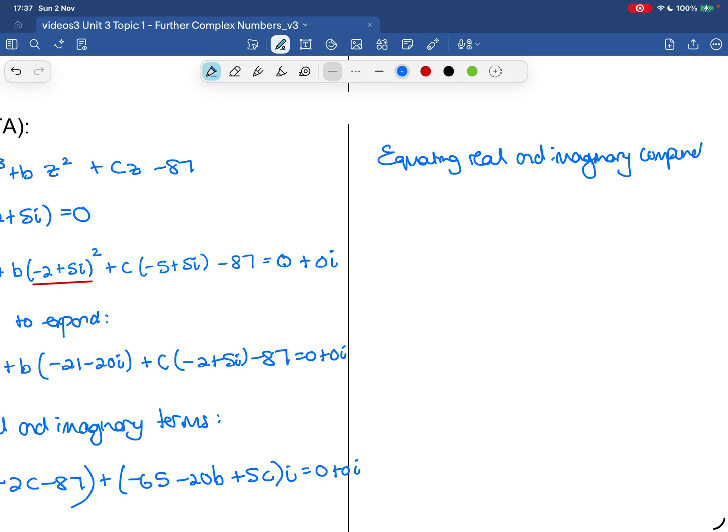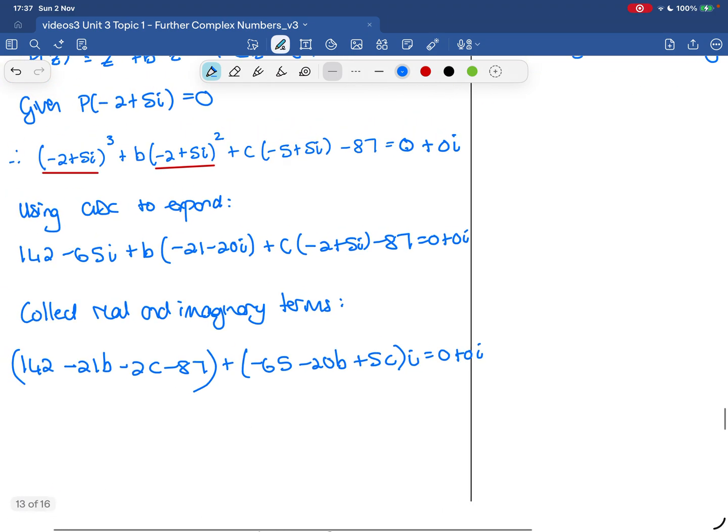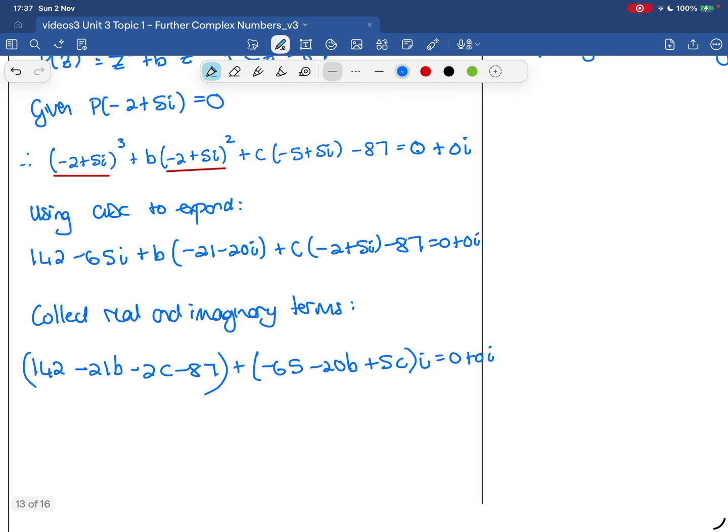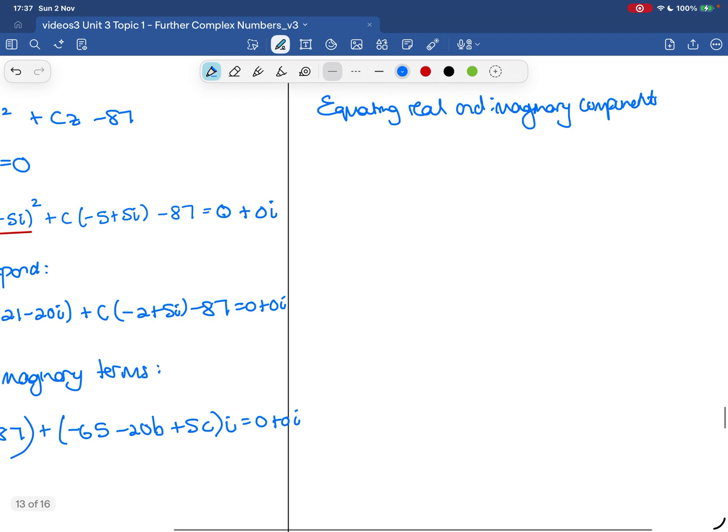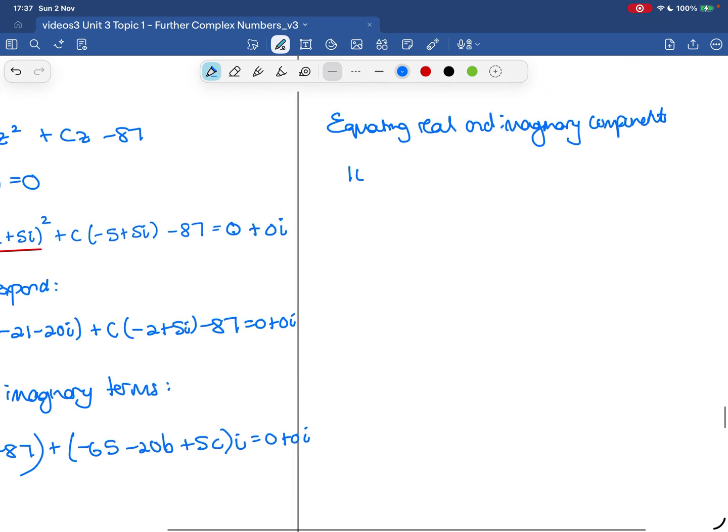And this is where the beauty of this comes in, because 142 minus 87 is 55. Let's write it out: 142 minus 21b minus 2c minus 87. Those are the real components. That's equal to 0.